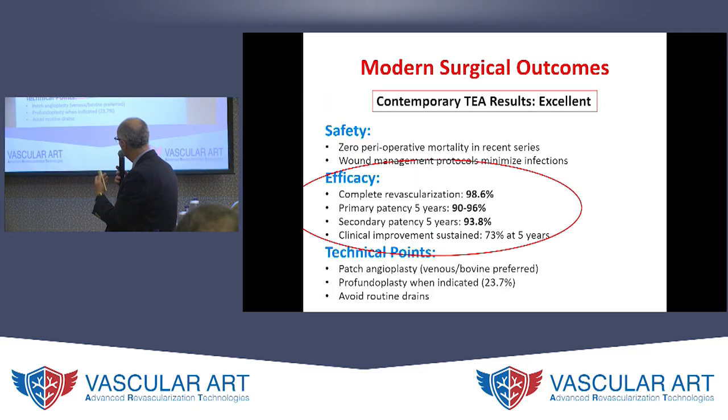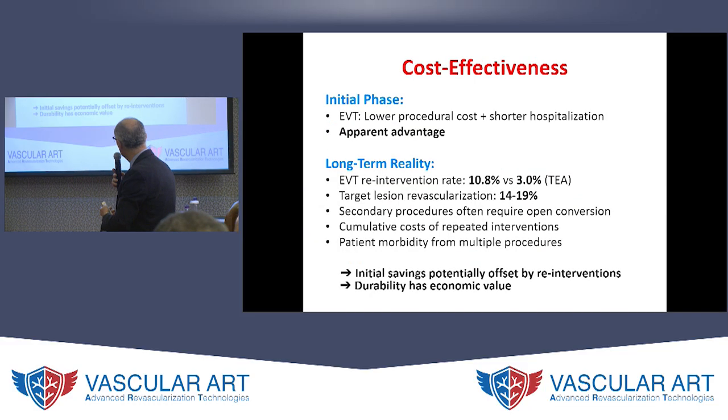Open surgery has a very good safety profile, and in terms of technique, it's a technique that requires particular expertise, but it can be acquired. And cost effectiveness, well, the cost of surgery is offset by that of re-interventions that comes with endovascular therapy.